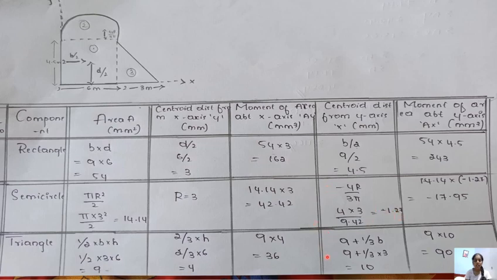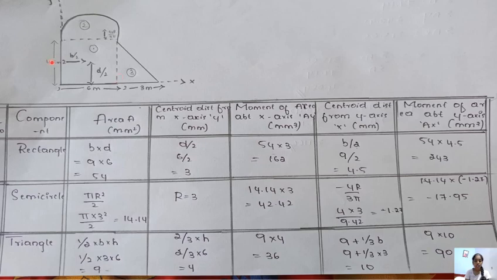And then the last component is the triangle. The centroidal distance from y-axis is 9 plus 1 by 3 into b. The formula is 1 by 3 into b, but here we are calculating it from the y-axis, so we have to include this value 9.